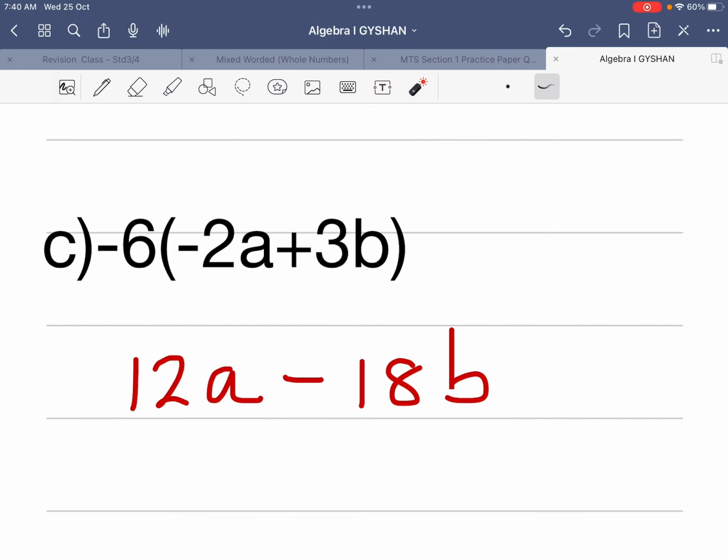C. A negative by a negative is a positive. 6 by 2 is 12. So that's positive 12A. Negative by positive is negative. 6 by 3 is 18. So that's minus 18B.